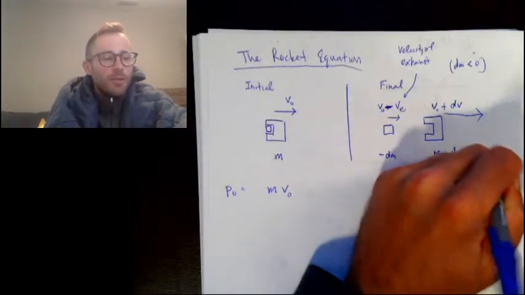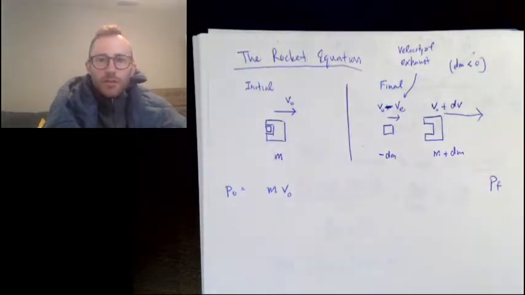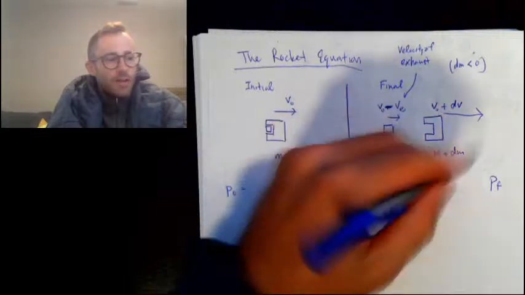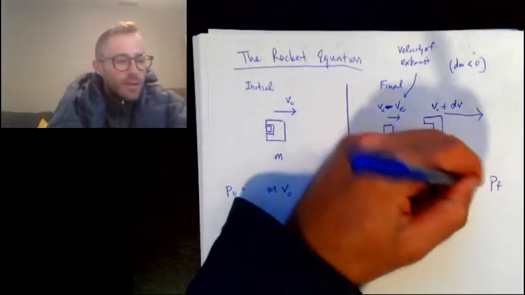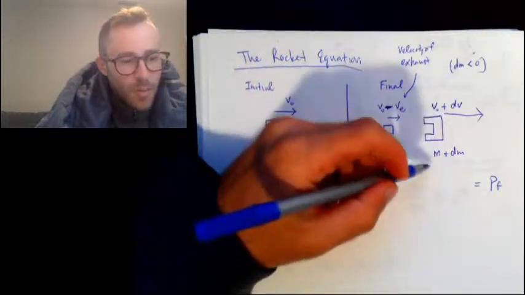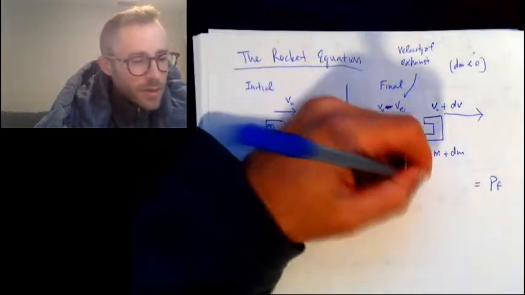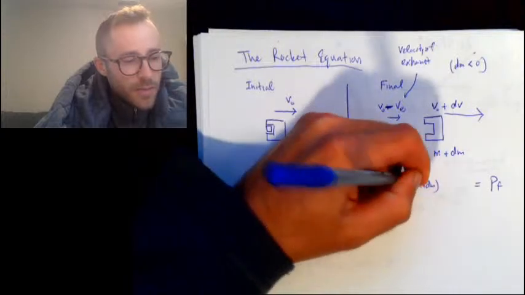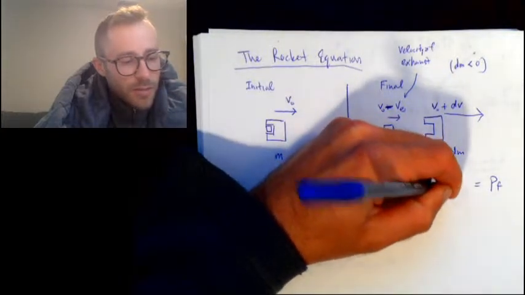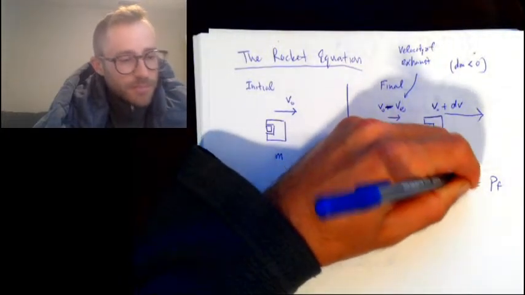The final momentum is the momentum of the rocket plus the momentum of the exhaust. The momentum of the rocket is (m plus dm) times (v naught plus dv).